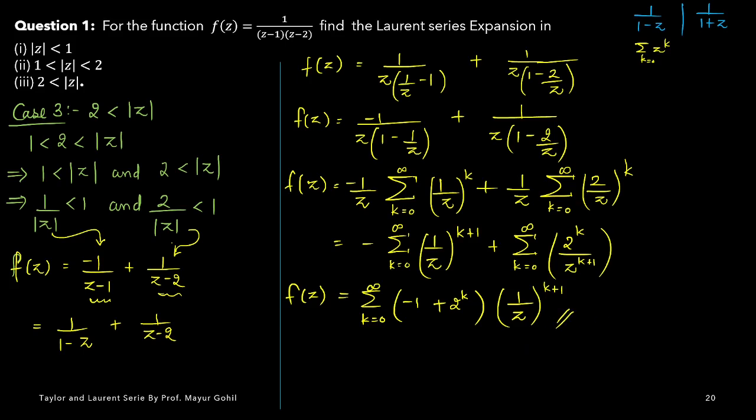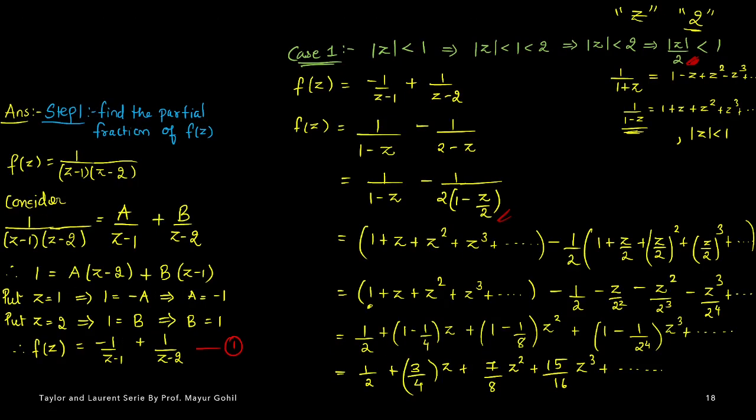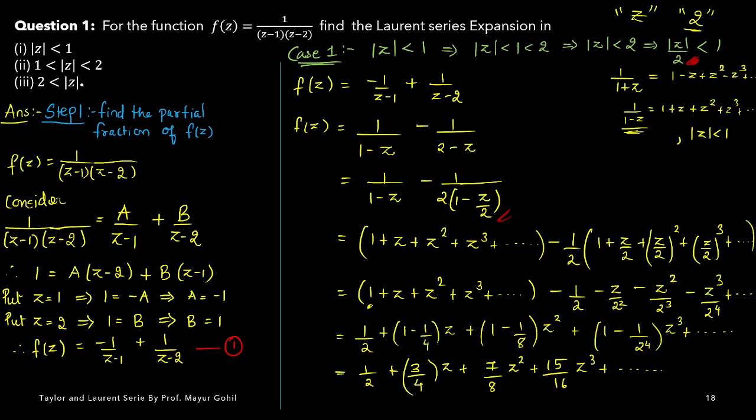Just remember all the 3 cases. It was a pretty lengthy problem along with the theory that we saw. What I want you to go through, all the 3 cases, is this. Let me go to the first case. Yeah, this was case 1. Step number 1 is that we have to find the partial fraction.